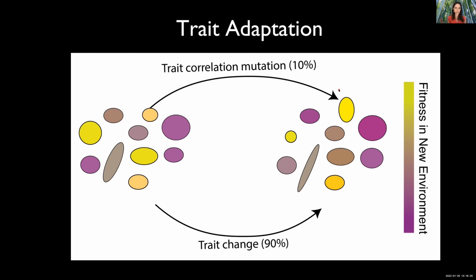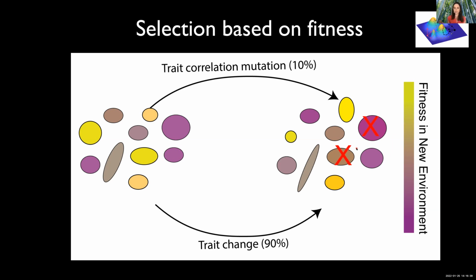So this is just acclimation. And then a small fraction of the population is going to experience a mutation or a change in the trait correlation, and then the trait values will update. We can then estimate what the fitness of each individual is using our traitscape, and apply selection where the most fit individuals are most likely to persist in the system.